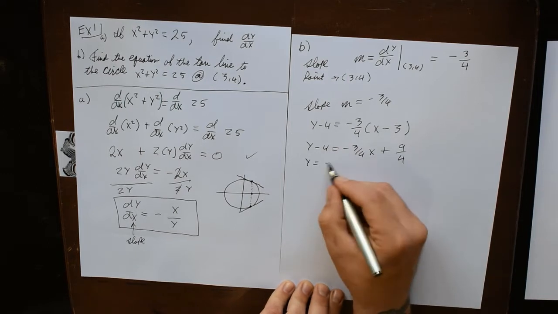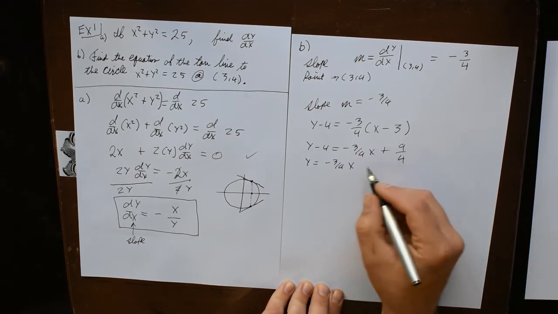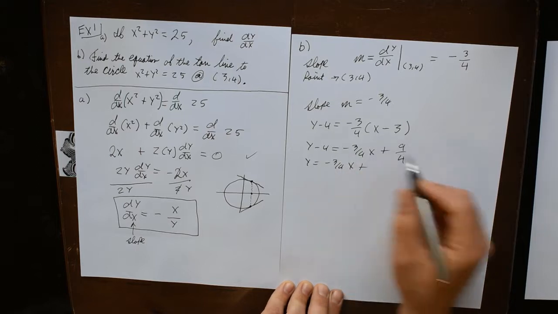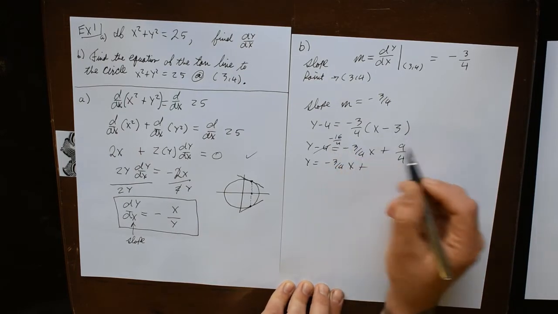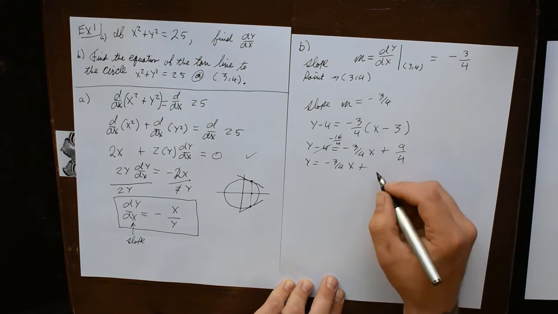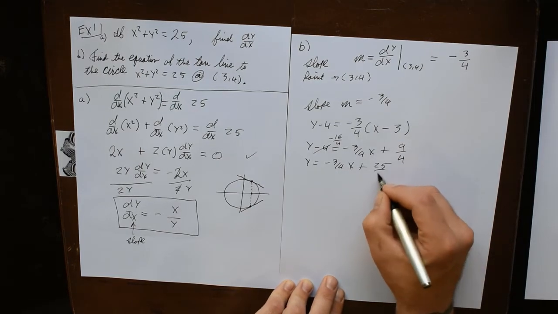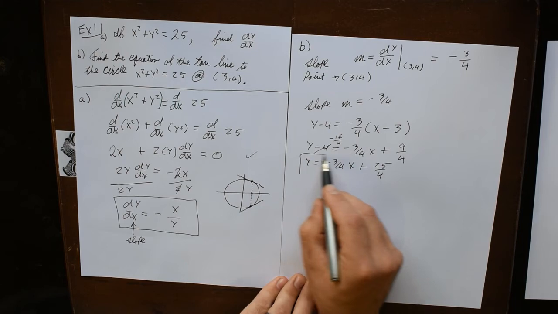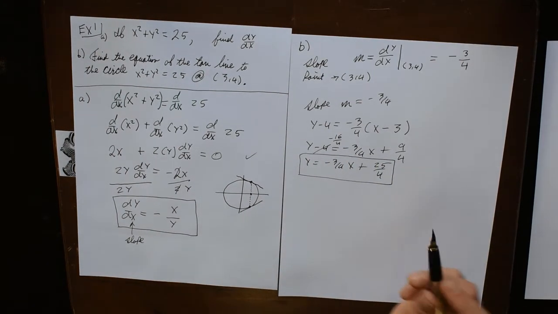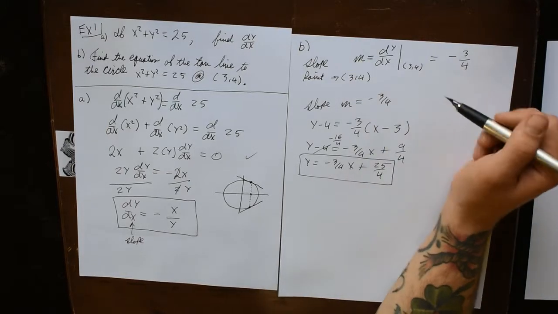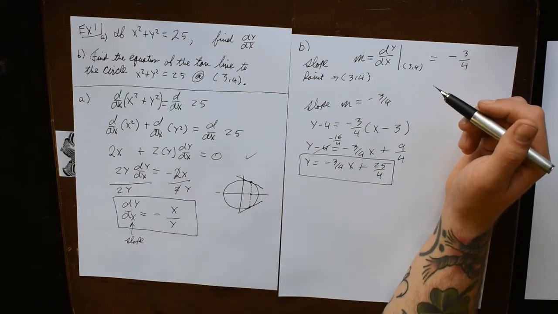Y is equal to negative 3/4 of an x plus, negative 4 is negative 16/4, 16/4 plus 9/4 gives us 25/4 as a final answer.